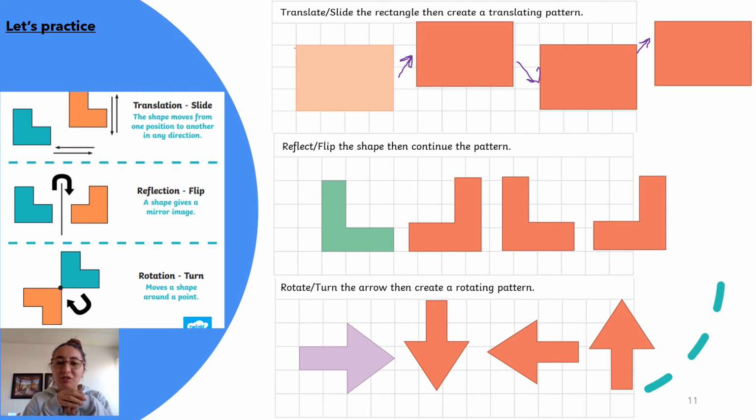The next question, reflect or flip the shape, then continue the pattern. Originally it's the green L shape over here. The original green L shape has been flipped and it looks the opposite way, and then I flipped it again.